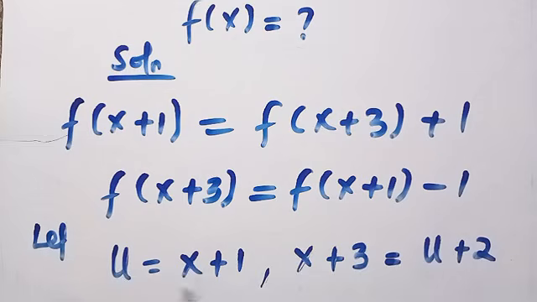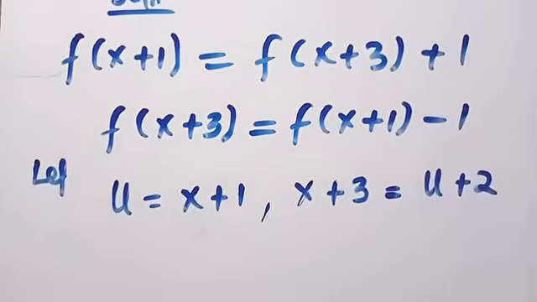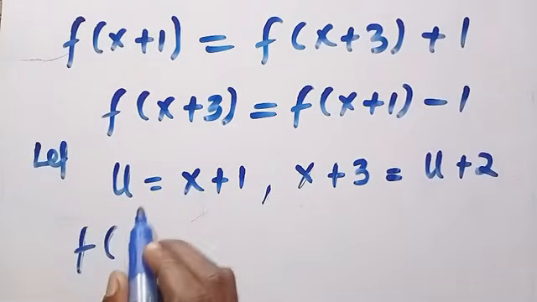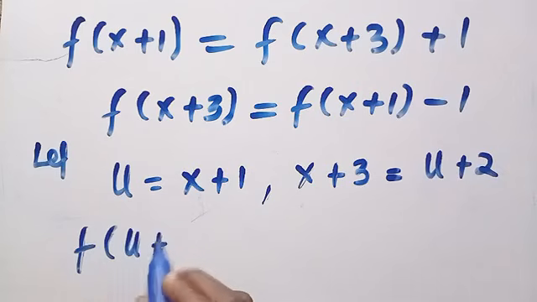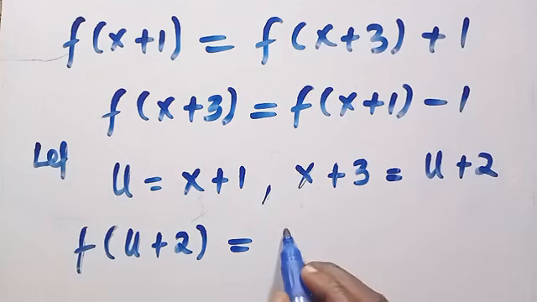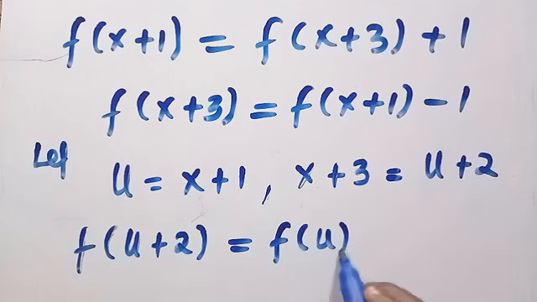So this is just like adding 2 to u and x plus 1. So we get x plus 3 equals u plus 2. So changing everything to u, we have f of, instead of x plus 3, we have it as u plus 2 equals, instead of x plus 1, we have it as f of u, then minus 1.